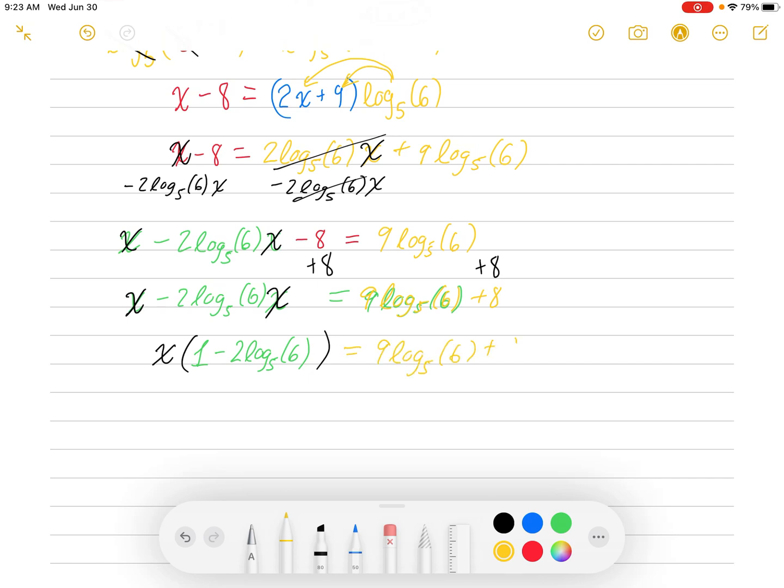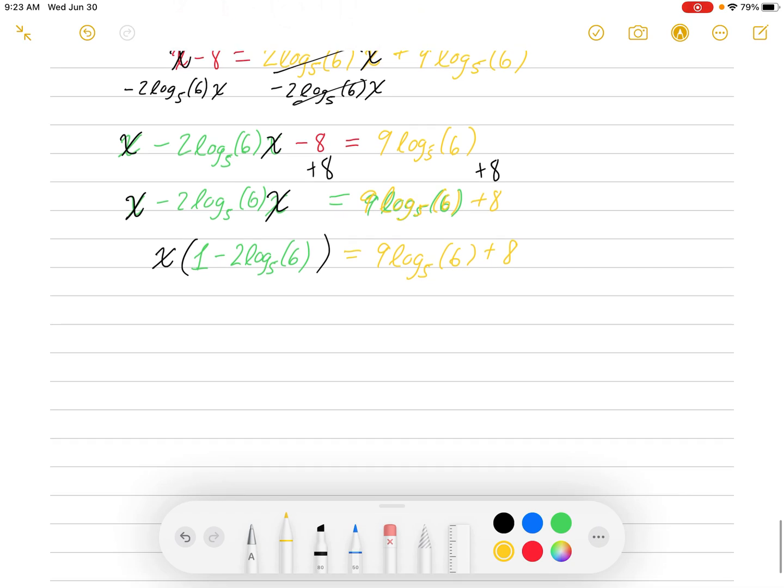On the left, we're going to take this x in common and factor it out. We're going to take out an x. And we'll have 1 minus 2 log base 5 of 6. And on the right, we'll have 9 log base 5 of 6 plus 8. And finally, to complete this, we're going to divide both sides by the green to get the x by itself.